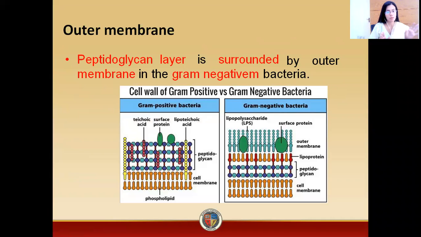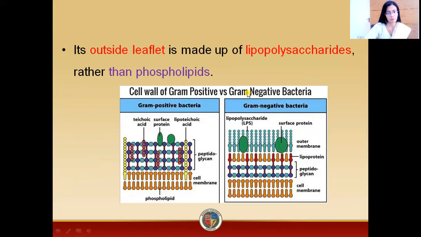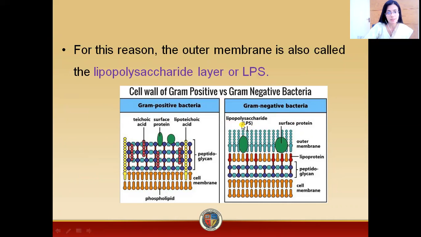Then we have the outer membrane in gram-negative bacteria. The peptidoglycan layer is surrounded by a membrane in gram-negative bacteria, which is the outer membrane. Its outer side is composed of LPS, that is lipopolysaccharide, rather than phospholipids. So, on the outer side we have LPS, lipopolysaccharides.